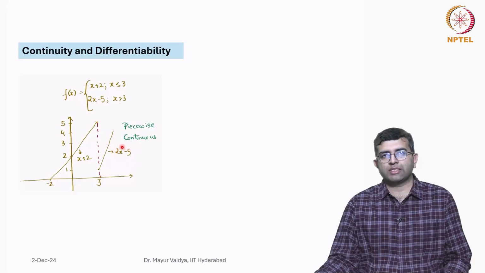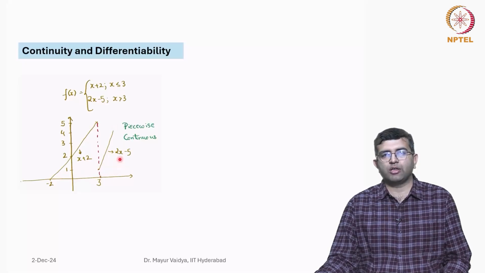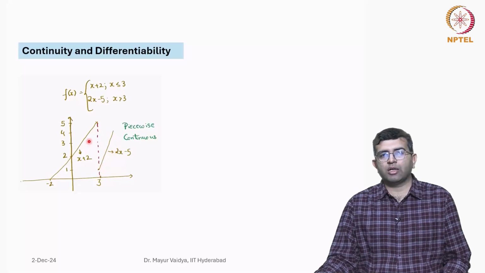So there is a discontinuity at x equal to 3. However, if you look at the separate portions, x plus 2 is a straight line, and 2x minus 5 is also a straight line with a higher slope, so both of them are continuous functions. This is known as a piecewise continuous function. That means it is split into domains where it is continuous.